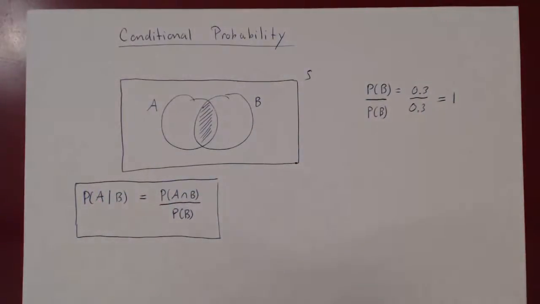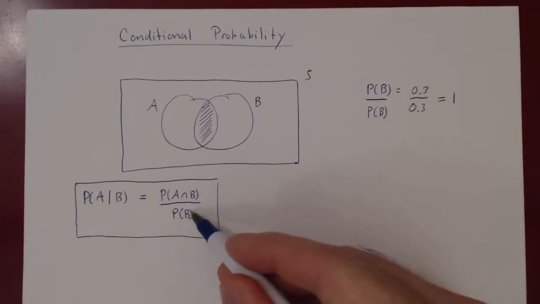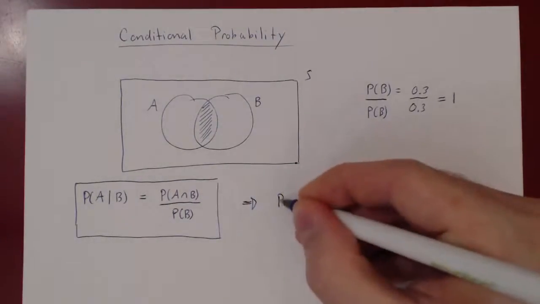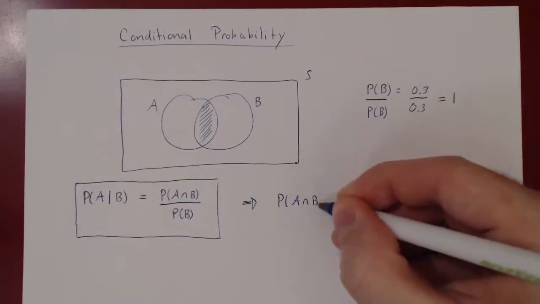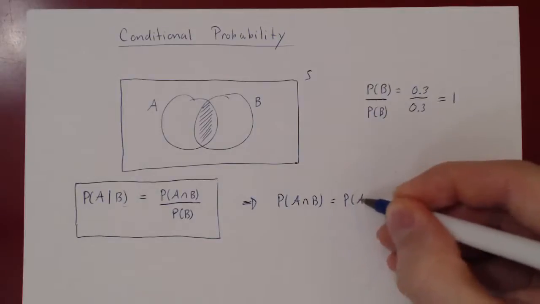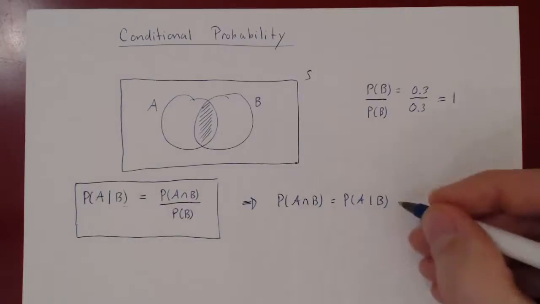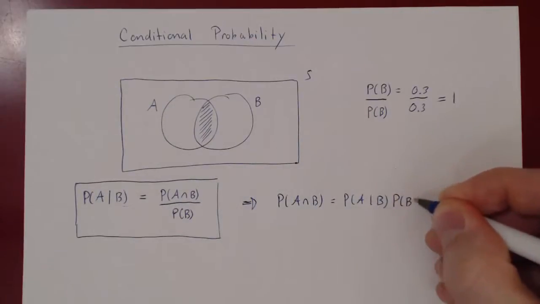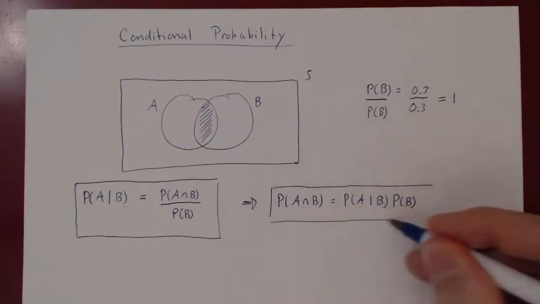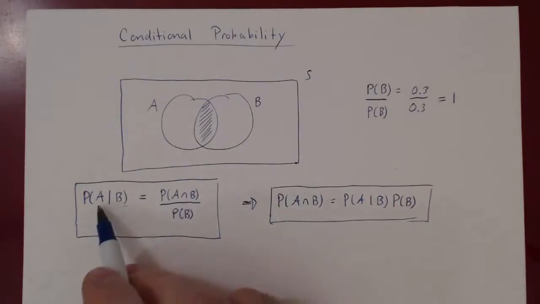Now a nice result from this is if we isolate the probability of A intersects B by multiplying both sides of the equality by P of B, we have this other nice result, that P of A intersects B equals P of A given B times P of B. Okay, so this is how we find conditional probabilities.